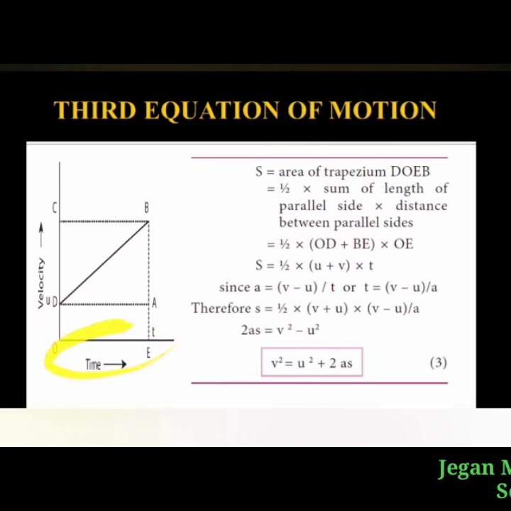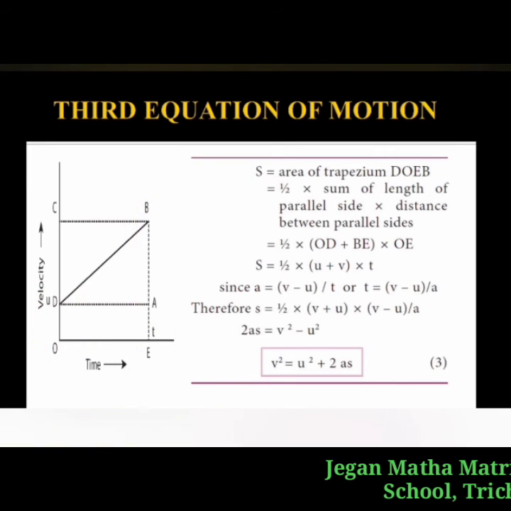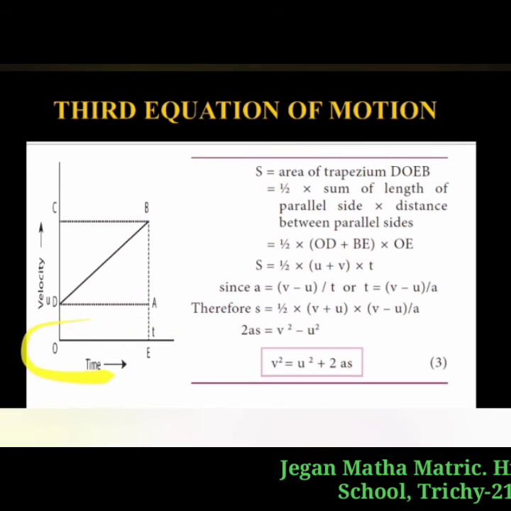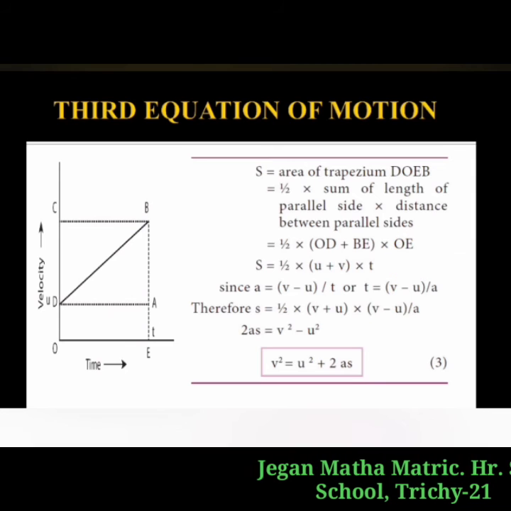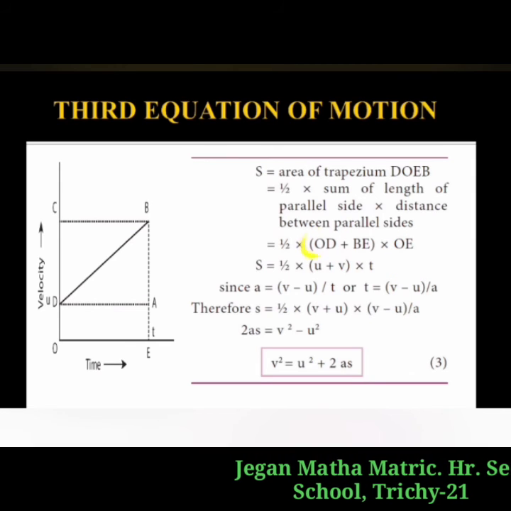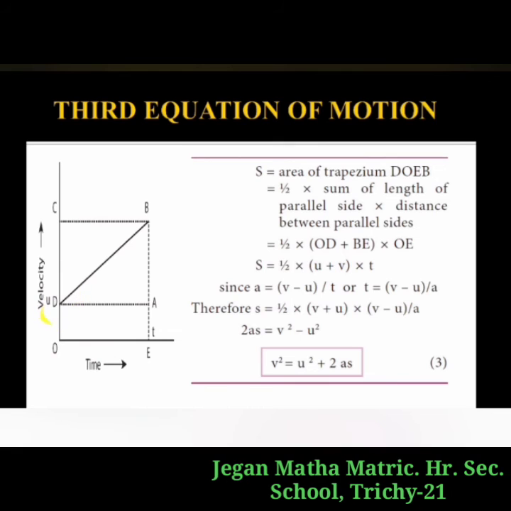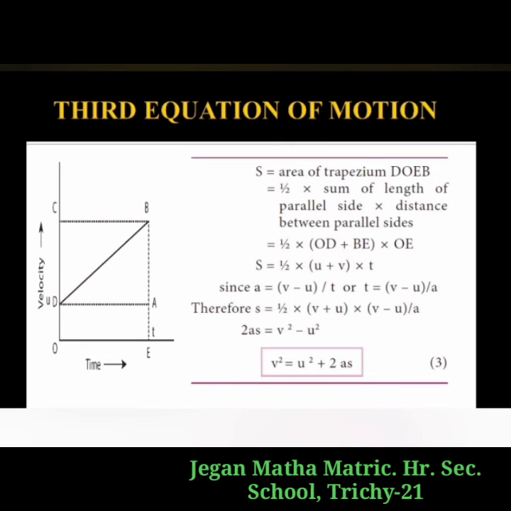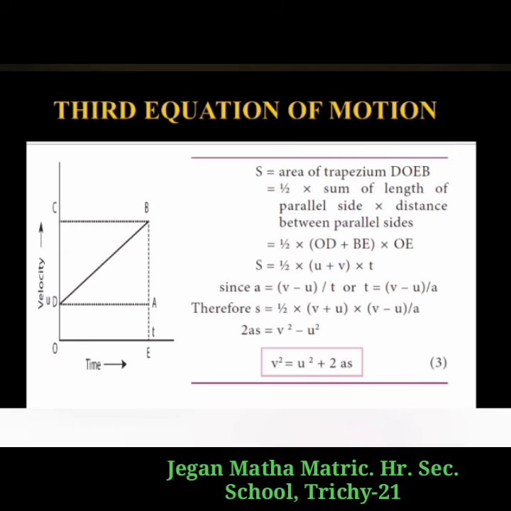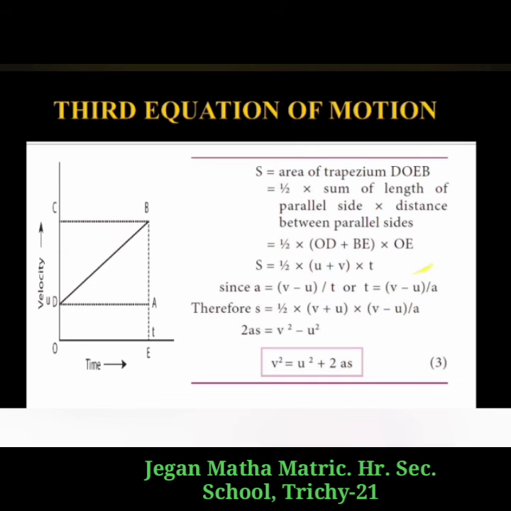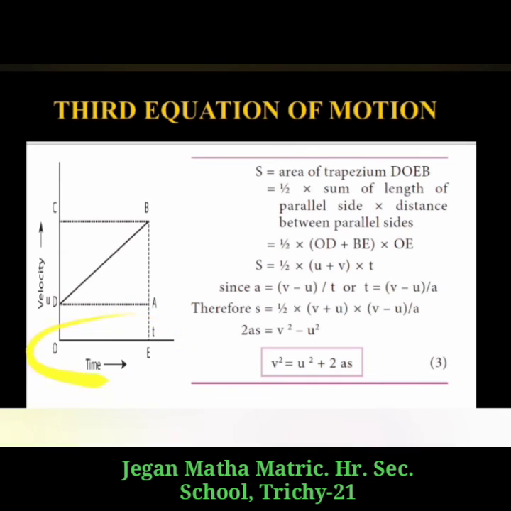Here parallel sides are OD and EB, and the distance between them is OE. So s is equal to half into u plus v into t.